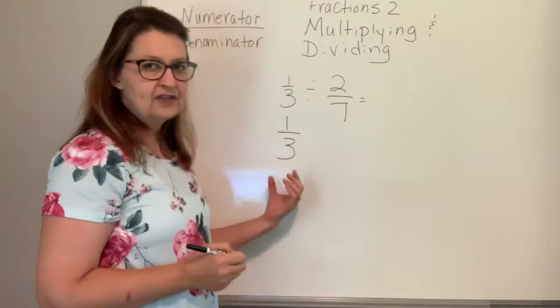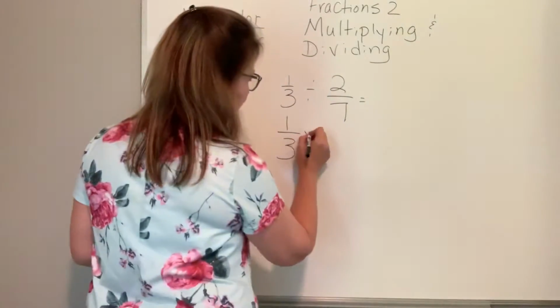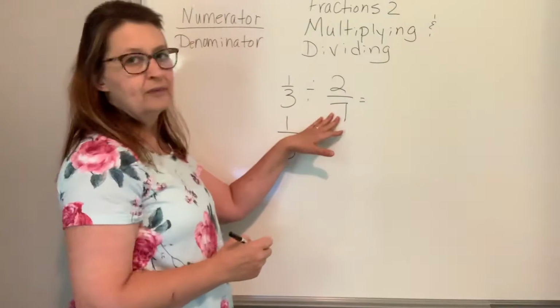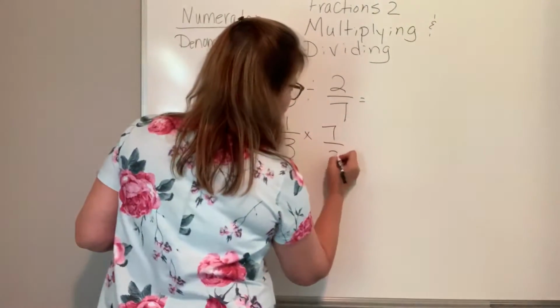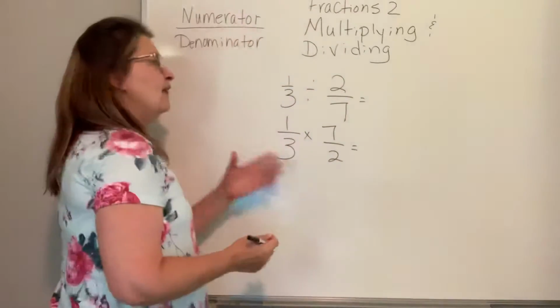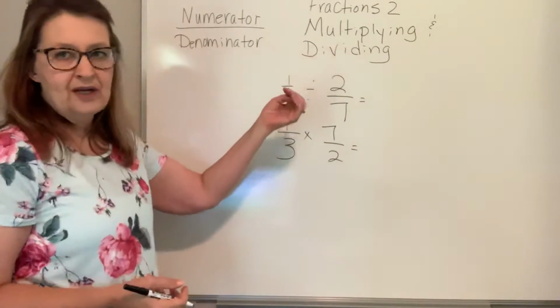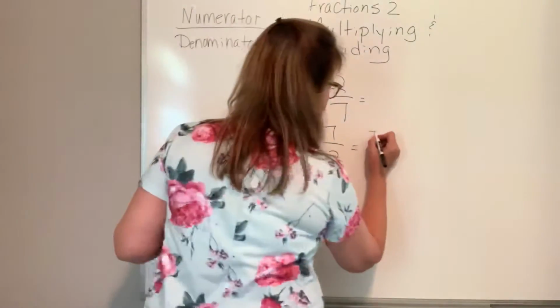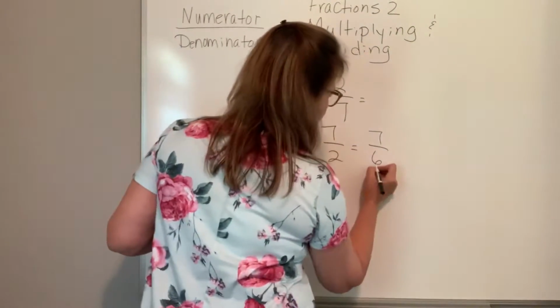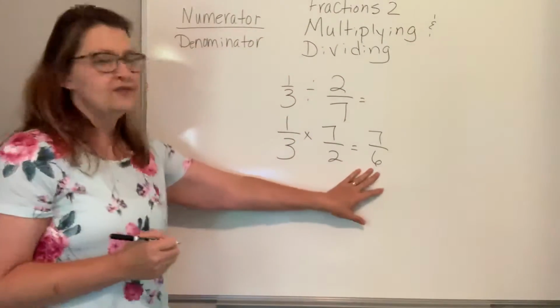We're going to change the sign from division to multiplication. And then we're going to flip this one, which is called the reciprocal. We're going to turn it upside down and put 7/2. Okay? Then you're right back where you were a minute ago with multiplying fractions. So all you have to do is multiply straight across the top and straight across the bottom. Now we got an answer of 7/6.